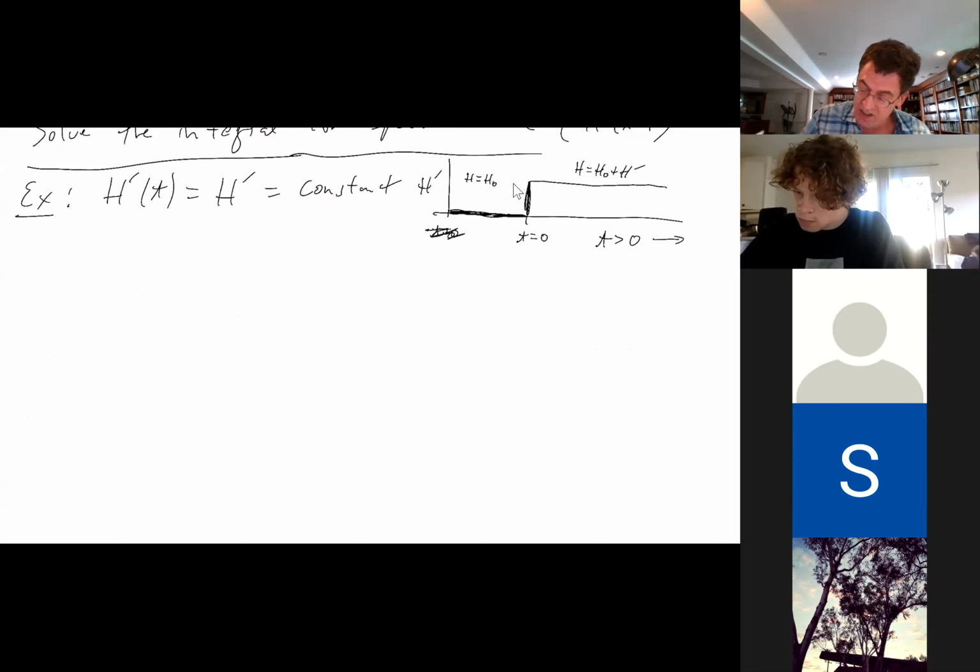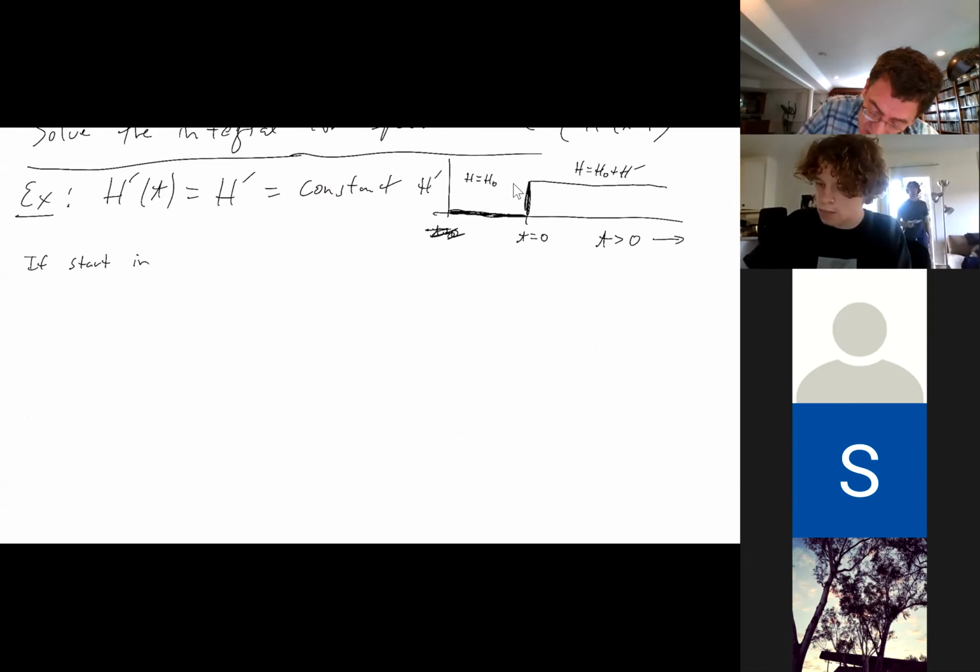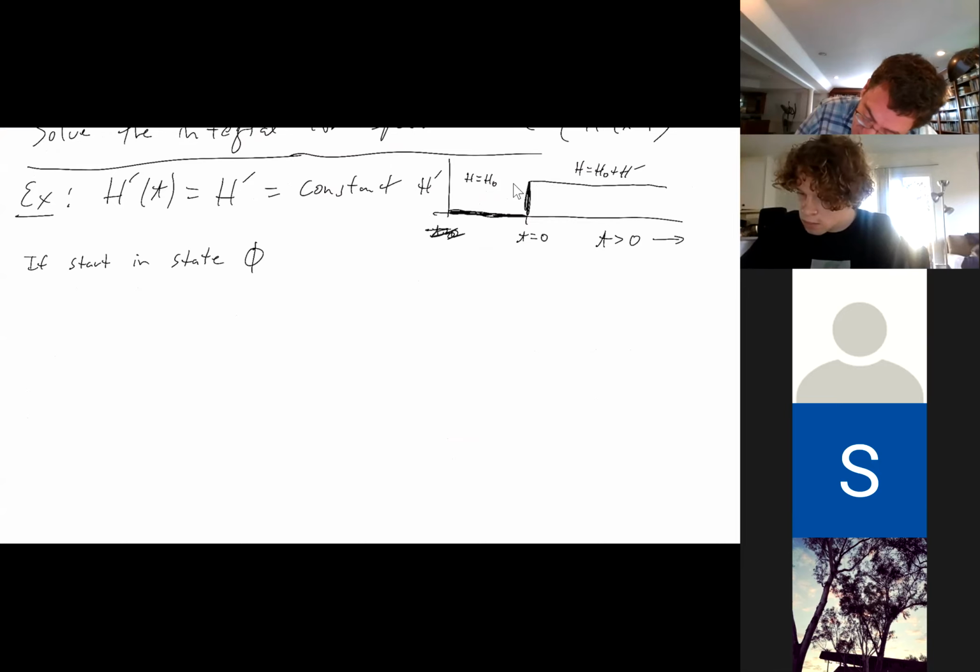And so now the question is, if we start in state k, then what is the probability that we have a transition to the mth state at time t, for t greater than 0?